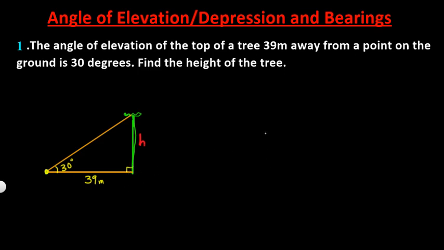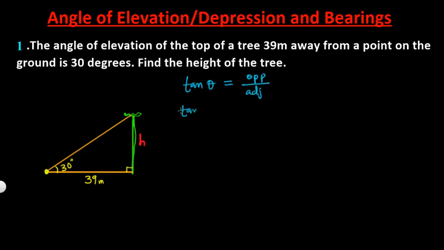We have the angle, and we are interested in finding the opposite side while we know the adjacent side. In a situation where we have the adjacent and are interested in finding the opposite, which trig ratio are we going to use? That is tan, meaning tan theta equals opposite divided by the adjacent.